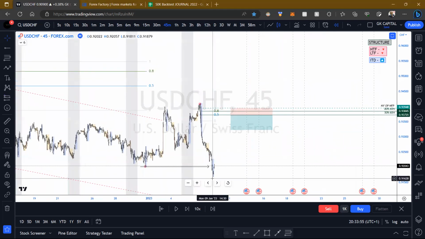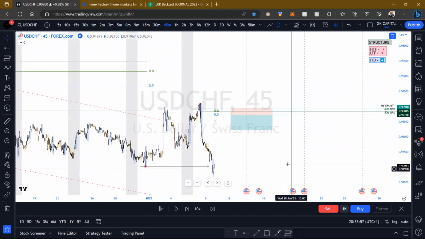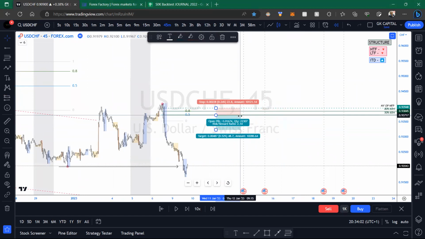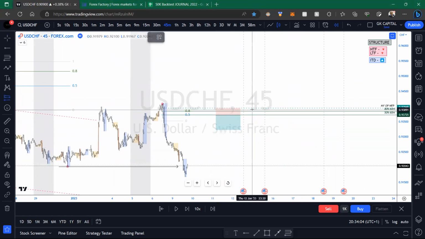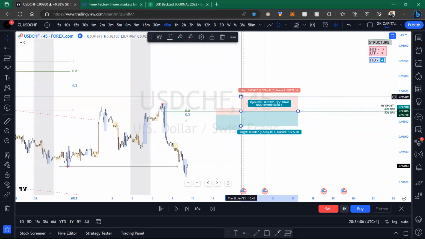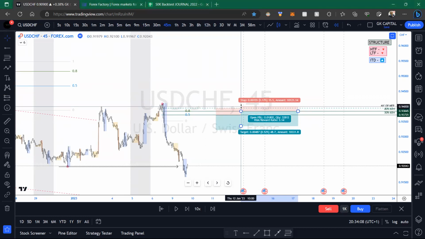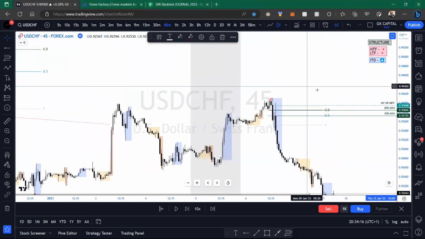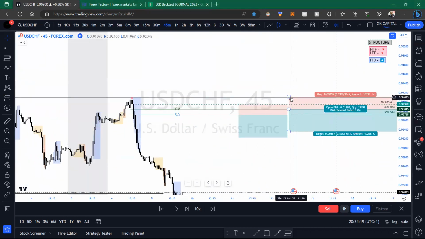Yeah, same thing. I'll be waiting for the pullback as well or the continuation. But in terms of the POI, everything is good to go. Anything else that you would like to do? No, good to go. Okay, perfect. So yeah, pretty much same thing with me as well. The POI is good to go.